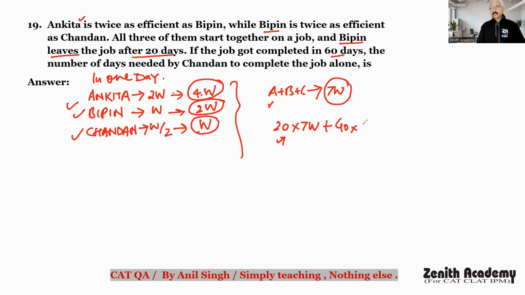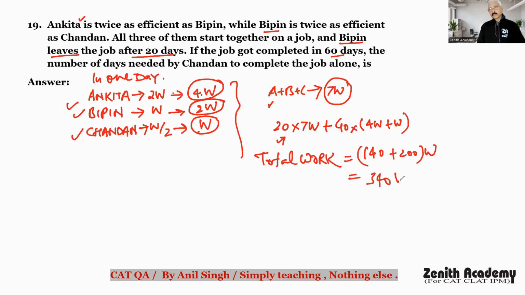So Ankita does 4W work and Chandan W work, and the total work you can calculate. Total work is 140 plus 5 into 40, which is 200, so the total work is 340.